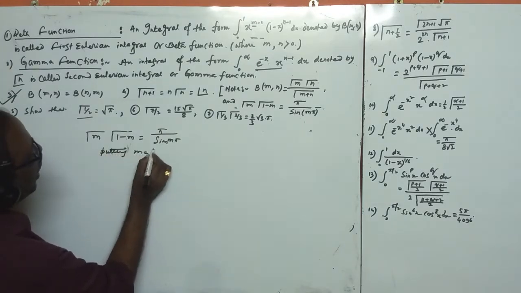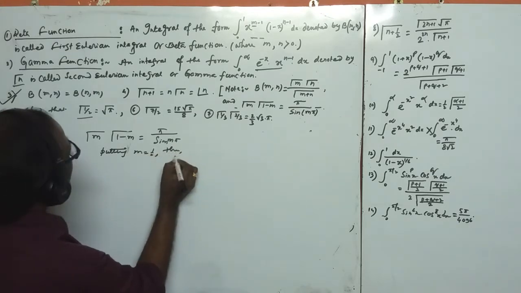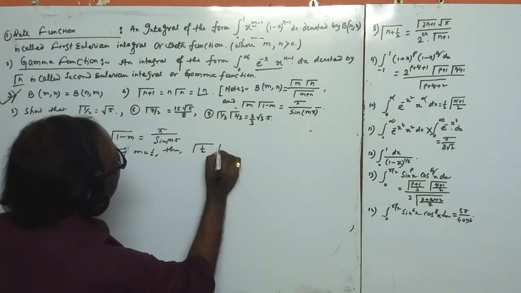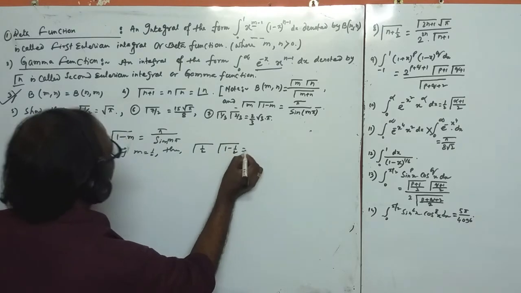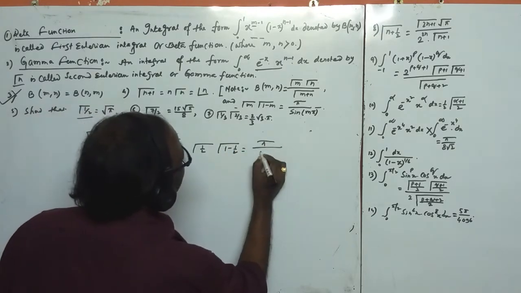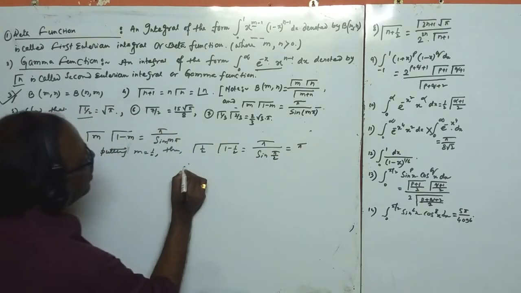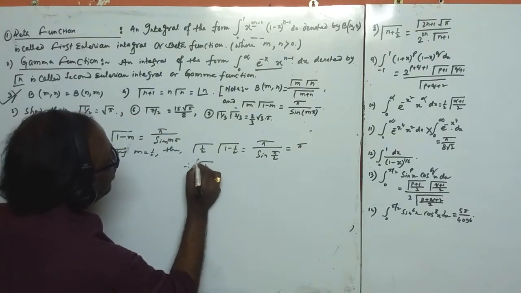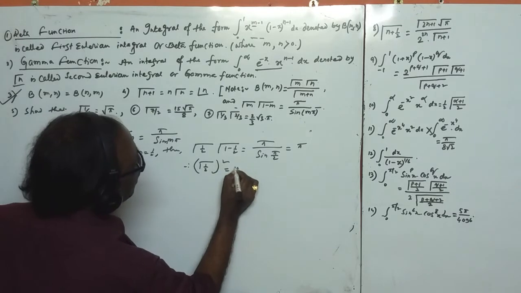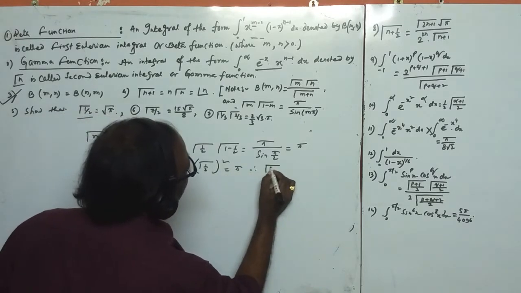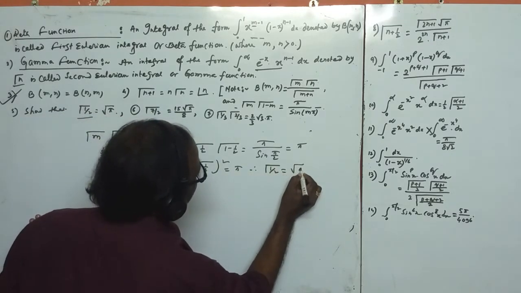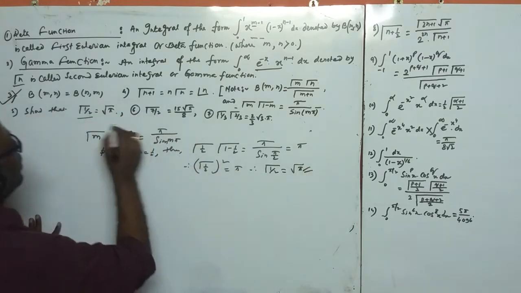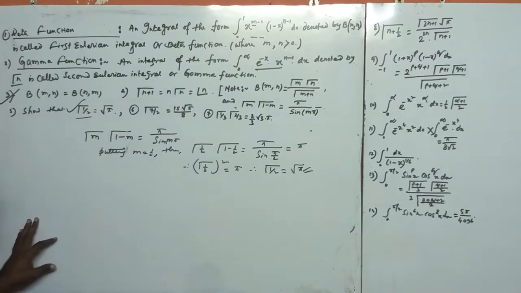Putting m equal to half, then gamma half into gamma 1 minus half is pi by sin pi by 2, and this is pi. Therefore gamma half whole square is equal to pi. Therefore gamma half is equal to root pi. This is the answer for the fifth.